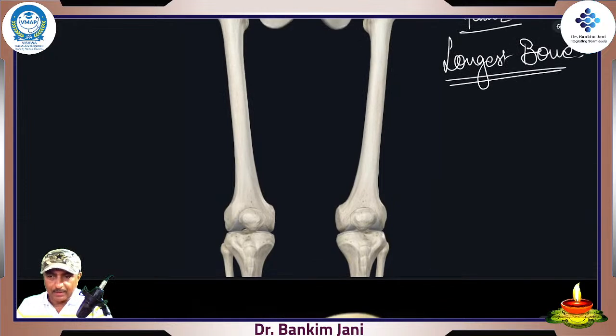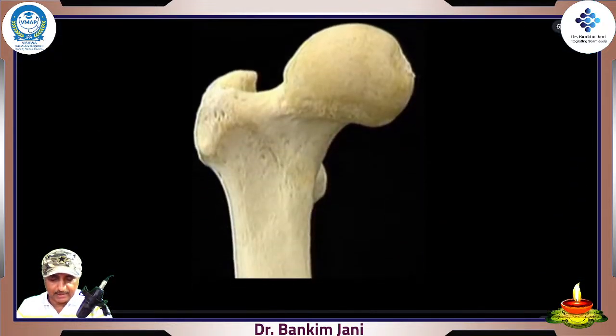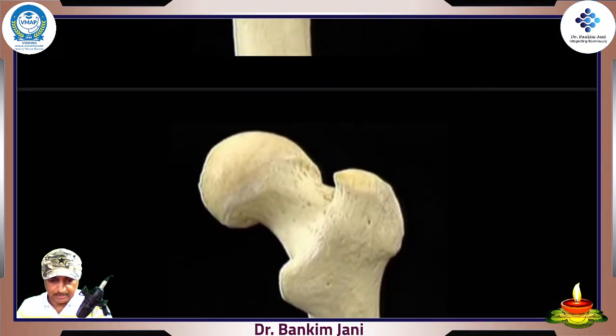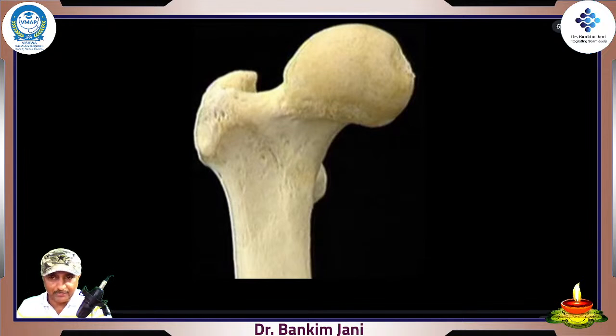Okay. Say this is a real femur. So this is one image and this one is the second. It is the same femur. One is the anterior view, the second is the posterior view. How will you decipher? Let's see that.